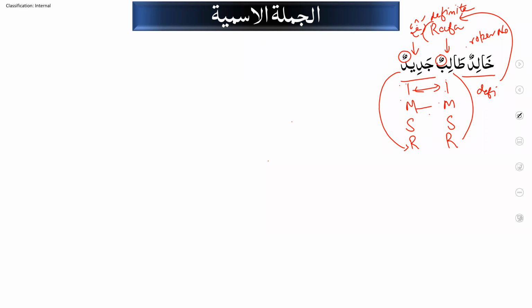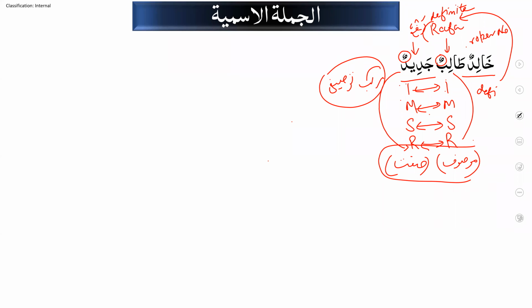So what I taught you, only one murakkab has this condition. It is called murakkabun tawsifiyun. Simple. So talibun is mawsuf and jadidun is sifa, adjective, and as a result, this murakkabun tawsifiyun is khabar and Khalidun is simply mubtada.